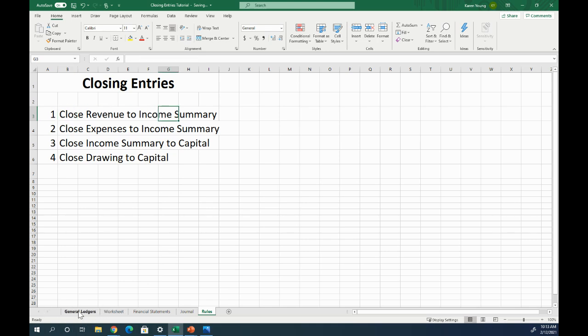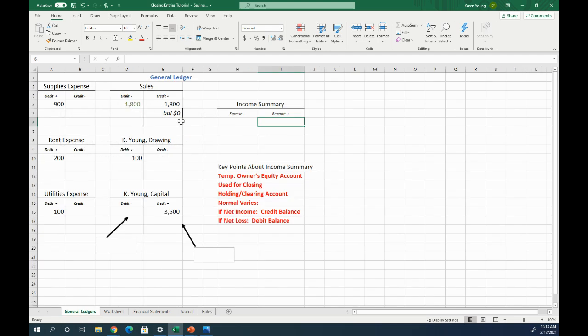Let's go back to my general ledgers. I have just closed revenue. This $1,800 is nowhere right now. I'm going to put it into this account called Income Summary. That's going to be my credit, $1,800. Income Summary is holding on to this money, and eventually it will get cleared into capital.